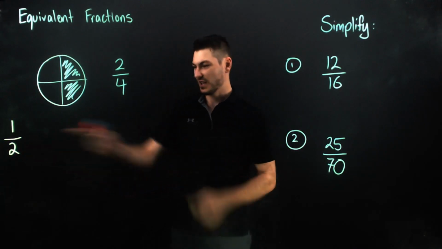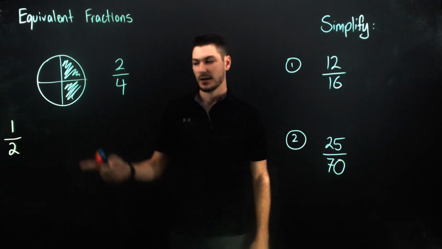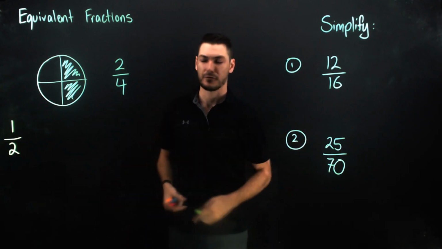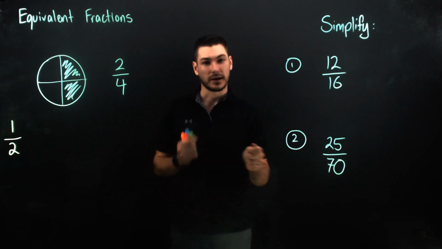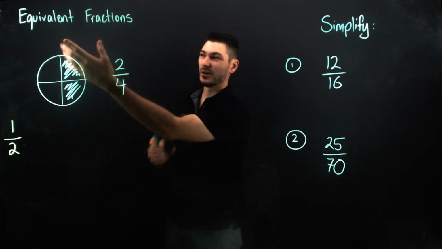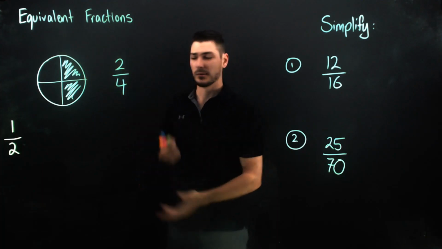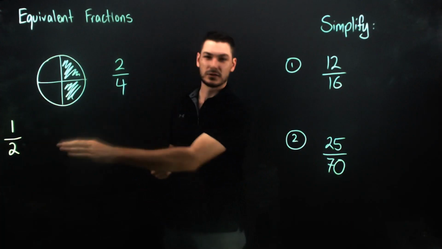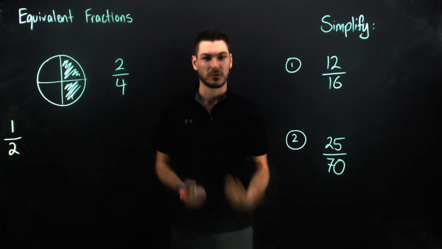We don't usually think of it in terms of 1/2 slices, but we do think of it in terms of a half. I get half the pizza, you get half the pizza. And straight away, we can see then that 2/4 is equivalent, or it's almost got equal in it, doesn't it? Not quite equal fractions, equivalent fractions, because while they look different, they represent the same thing.